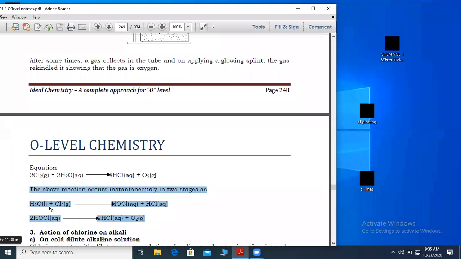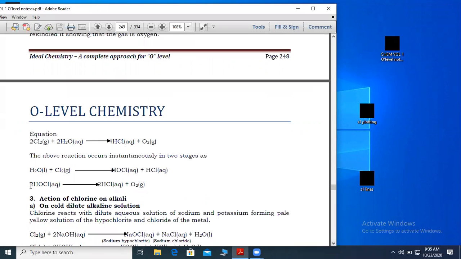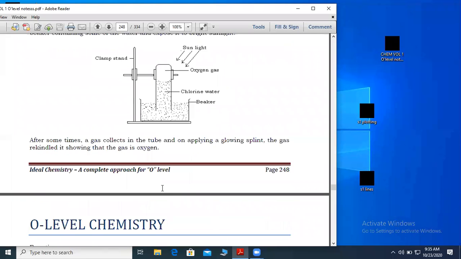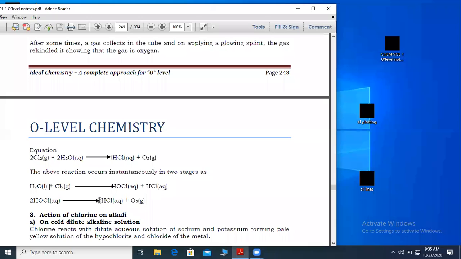The first one is chlorine plus water forming hypochlorous acid plus hydrochloric acid, and the other one is hypochlorous acid being split by sunlight. The role of sunlight is to split that hypochlorous acid to form hydrochloric acid plus oxygen.